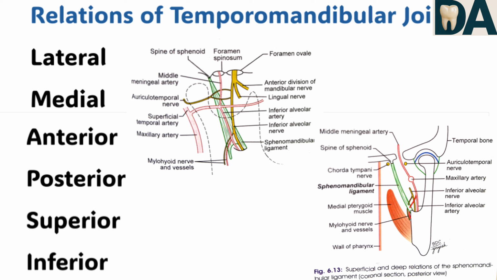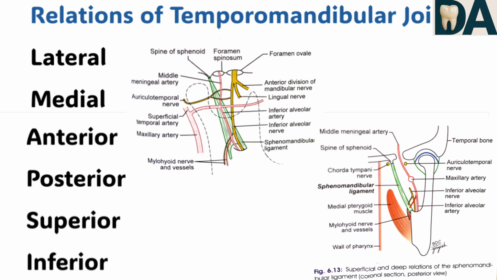Medial relation: medially, there is the tympanic plate, which separates the joint from the internal carotid artery, the spine of the sphenoid, and the sphenomandibular ligament, and most important, the auriculotemporal and chorda tympani nerves, and the middle meningeal artery. Anterior relation: lateral pterygoid and masseteric nerve and artery.